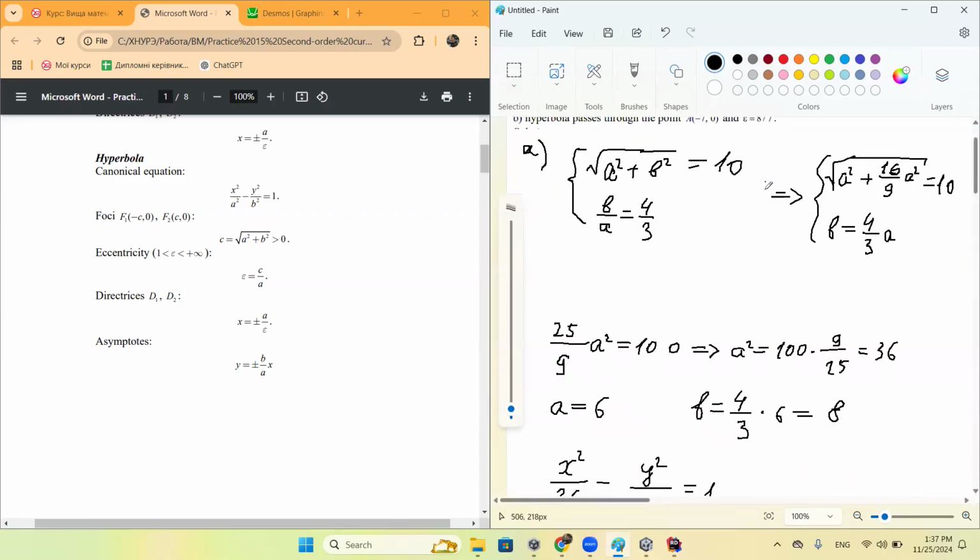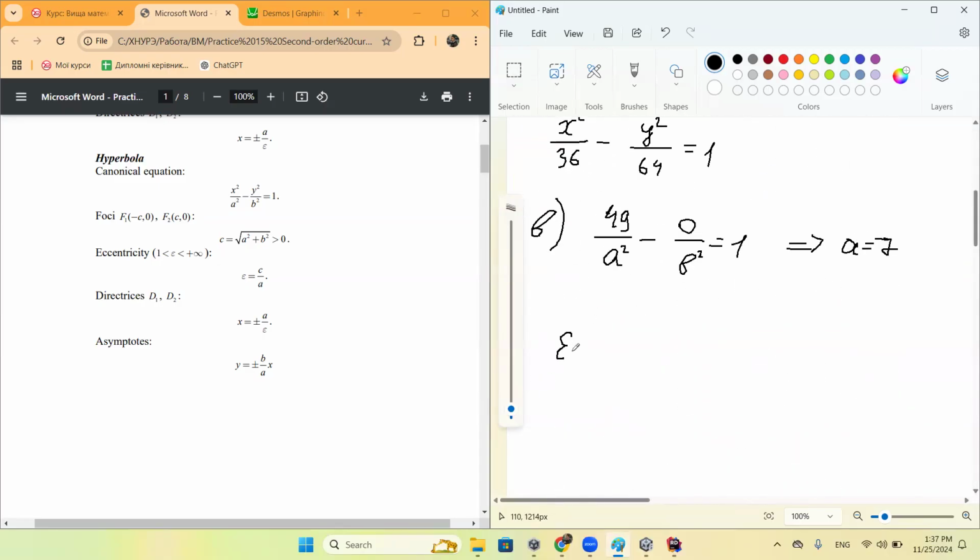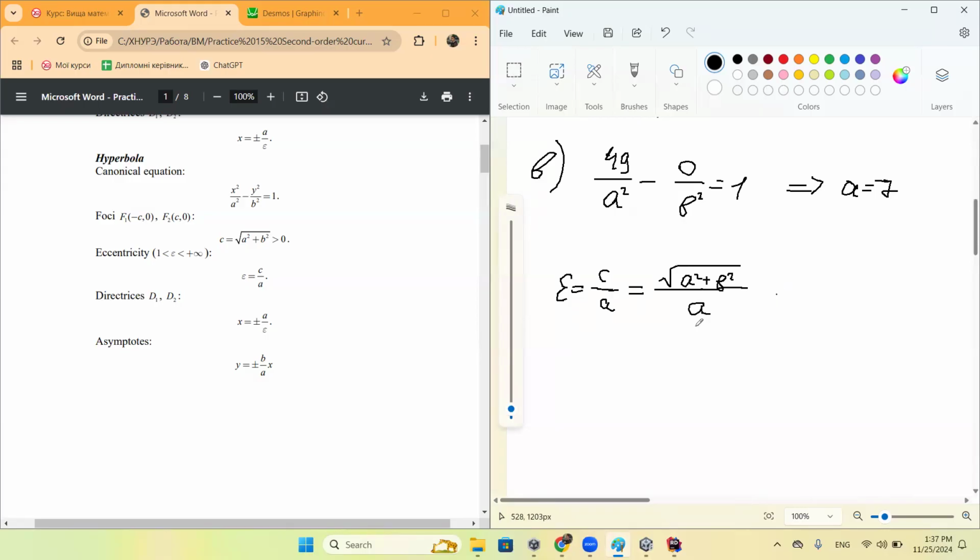Then the eccentricity. The eccentricity equals C by A, and it equals the square root of A to the power of 2 plus B to the power of 2, divided by A. So now we can find B from here. Let's do the following. I multiply by A and raise to the power of 2.